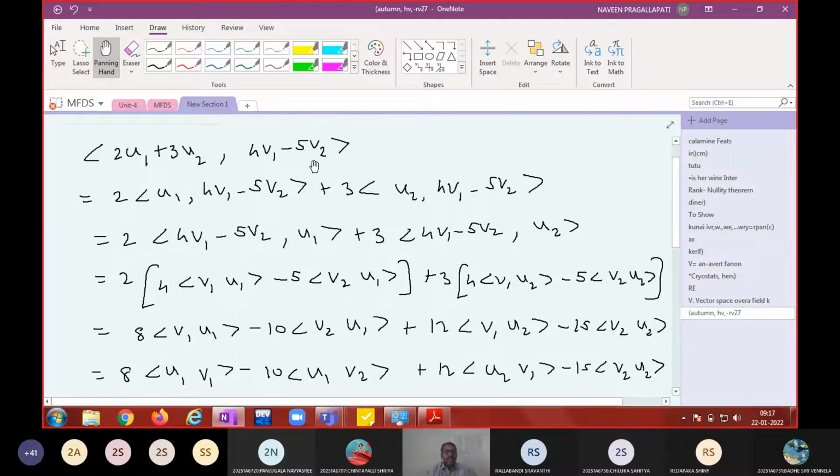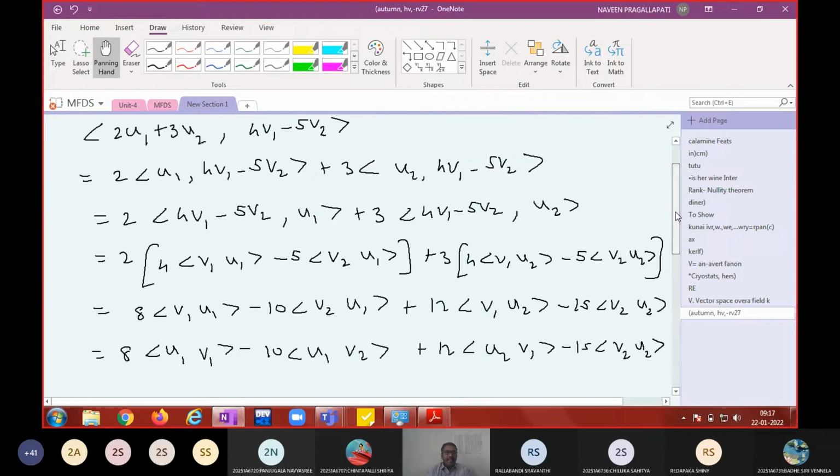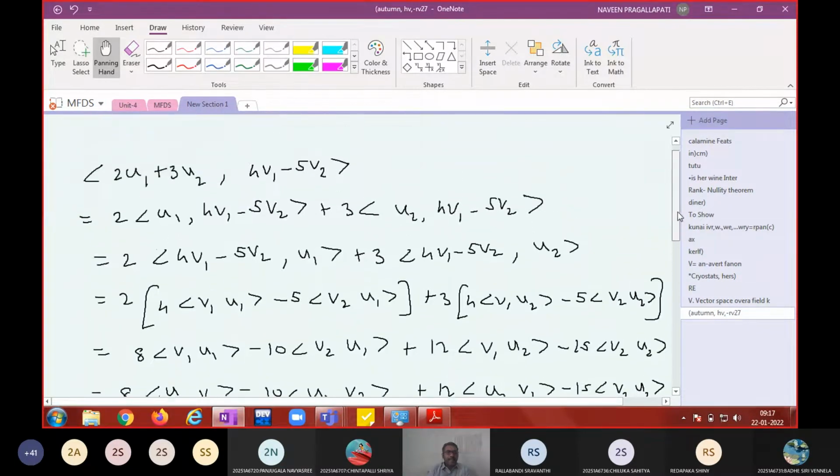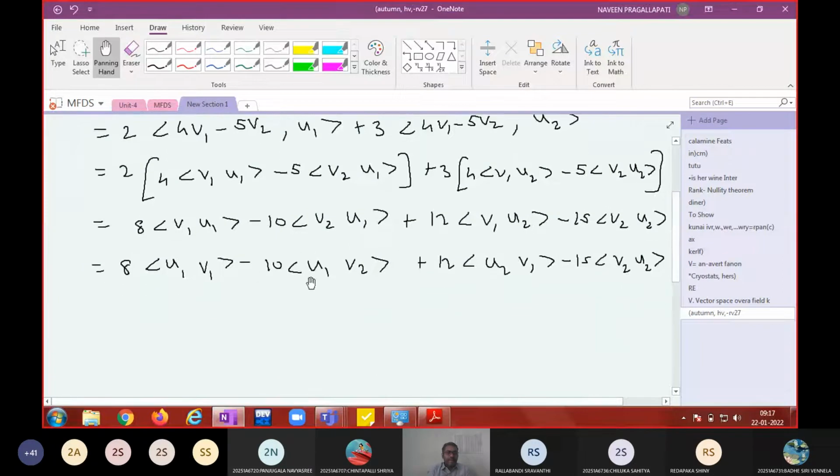It doesn't matter whether these vectors are equal or anything. This holds for any vectors. That is how we can write down the inner product. Further, if some of the terms are the same you can combine them.